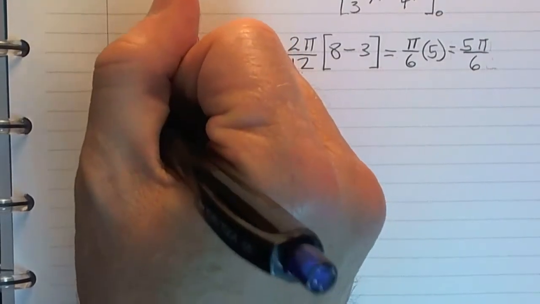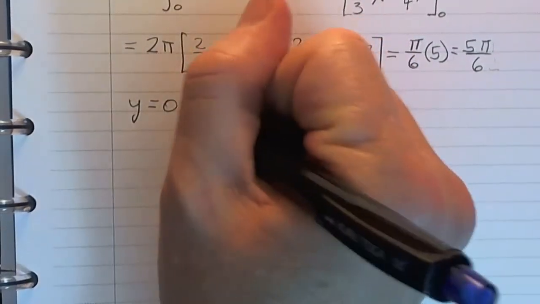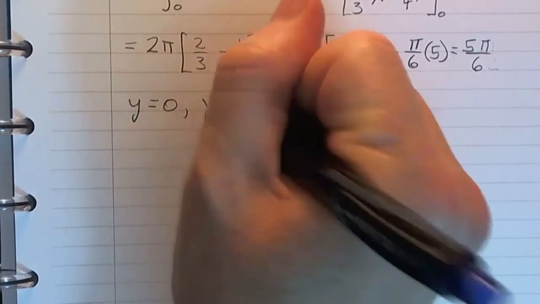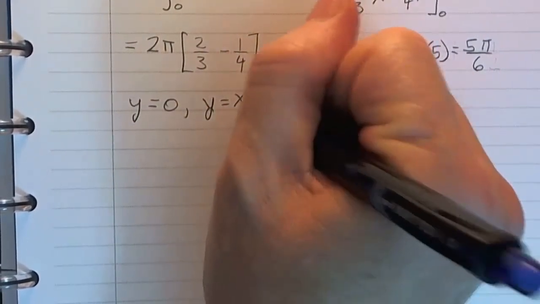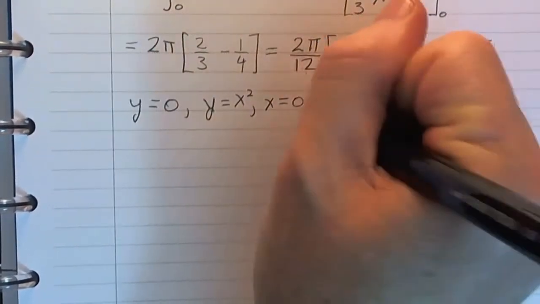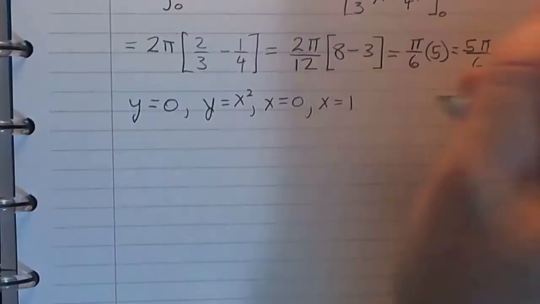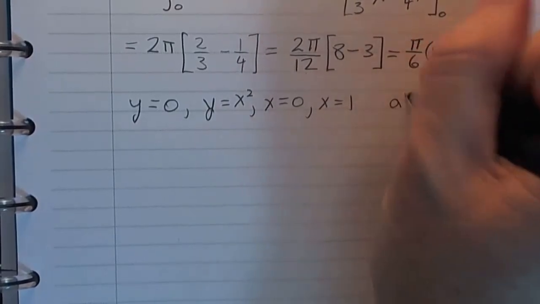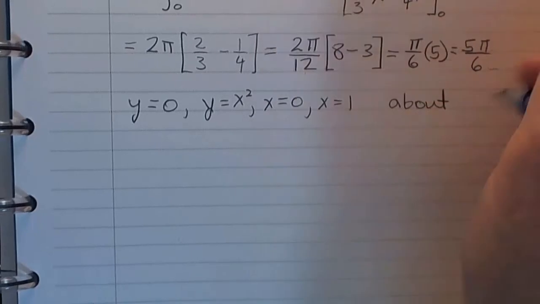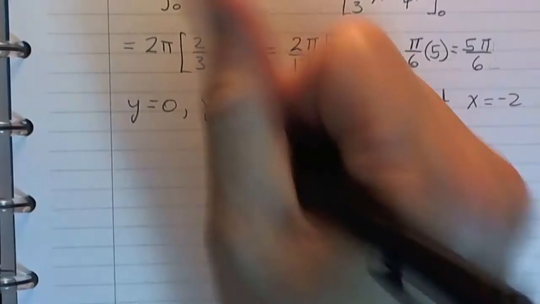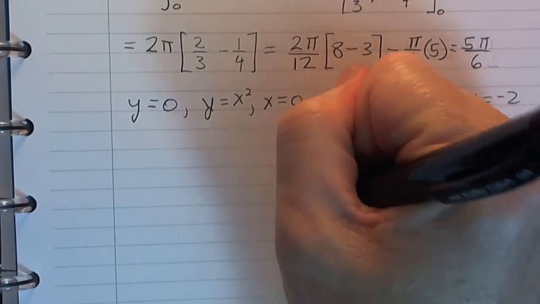Now let's use the same region. So we've got y equals 0, y equals x squared, x equals 0 to x equals 1. And now let's revolve about x equals -2. So let's try that one. So now here's what we have.